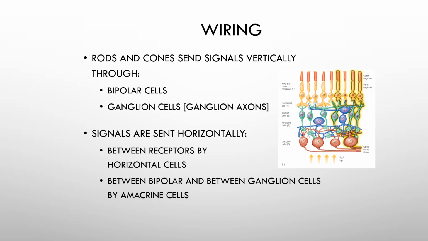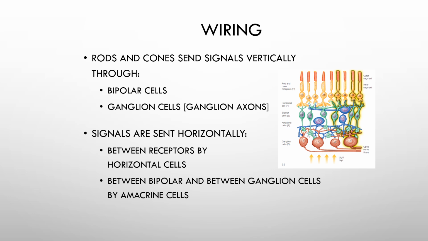Before, we saw that the rods and the cones are sending signals through to the bipolar cells, and then through the bipolar cells to the retinal ganglion cells. That's what we're talking about with this wiring, or how these are wired together as we look at these neural circuits. So far, we've kept it simple, and I've said you don't need to know yet about these other cells, but they are doing this horizontal or perpendicular communication in comparison to what we've just talked about.